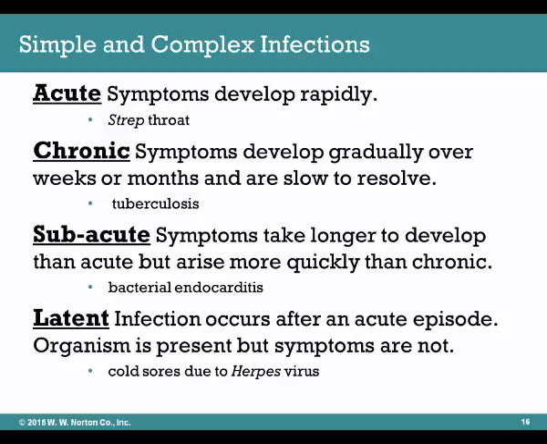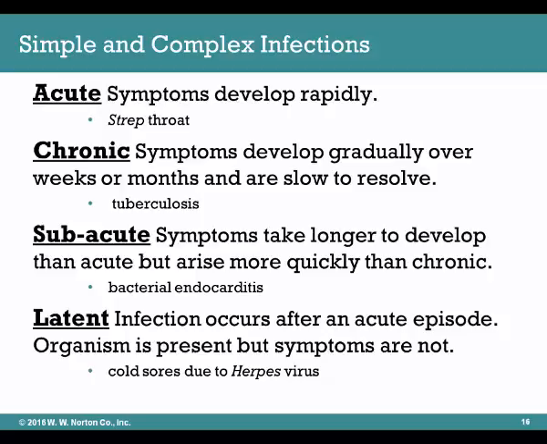Subacute infections are also ones where the symptoms take longer to appear, but they are a little bit quicker than chronic infections. And latent infections, things like HIV, are what we call a slow chronic infection. It takes years for it to progress to AIDS, or acquired immune deficiency syndrome.